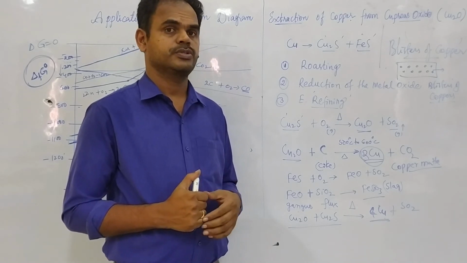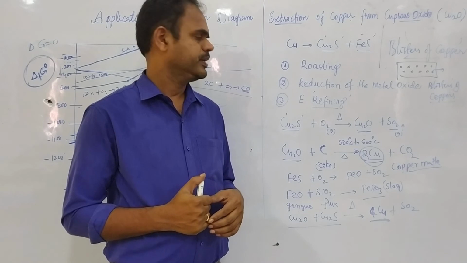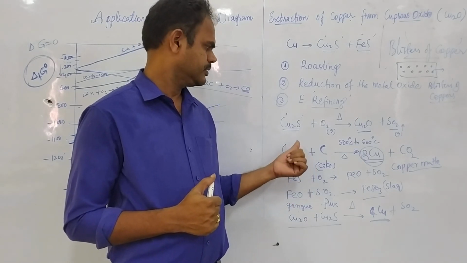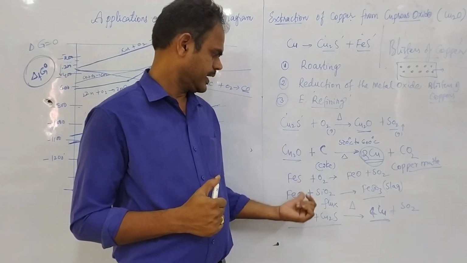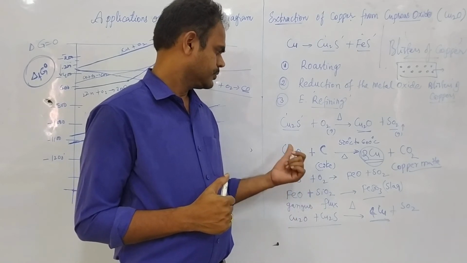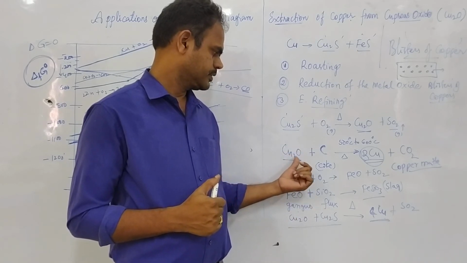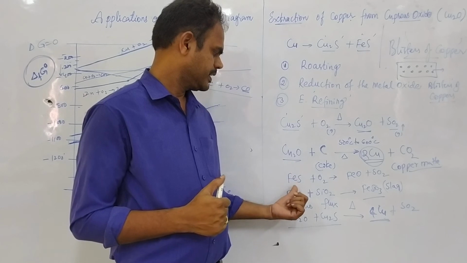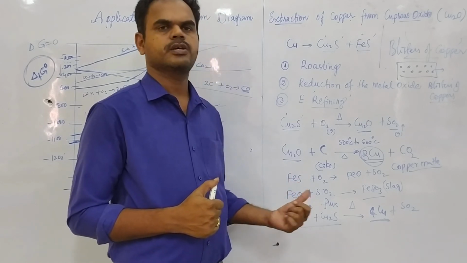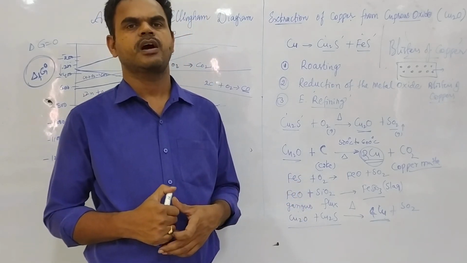Sometimes you get one more question: what are blisters of copper, and what is copper matte? The copper matte has impurities like iron sulfide. Along with the pure copper, iron sulfide or ferrous oxide is also present. That is what we call copper matte.